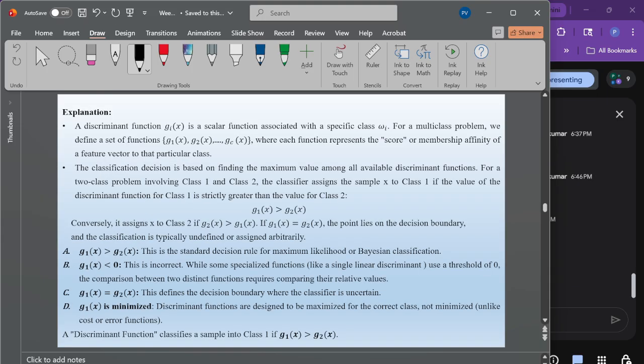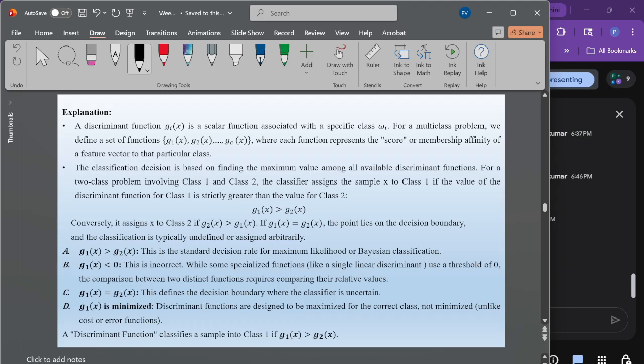A discriminant function, that is g of x, or you can represent it as gi of x if there are multiple classes, is a scalar function that is associated with a specific class, omega i, where i represents the different classes 1 to n.